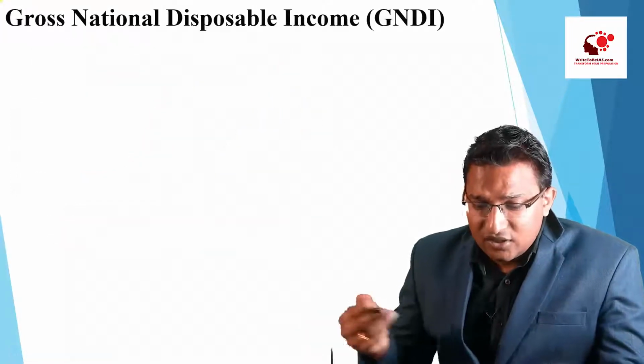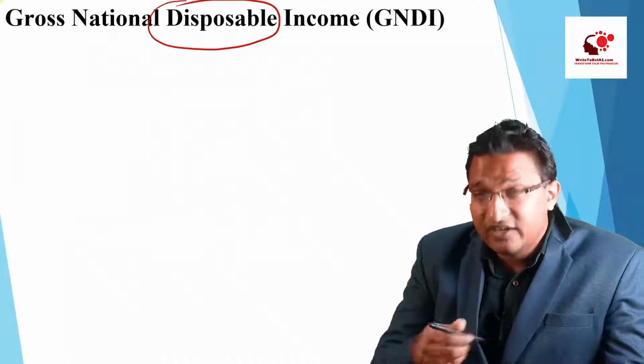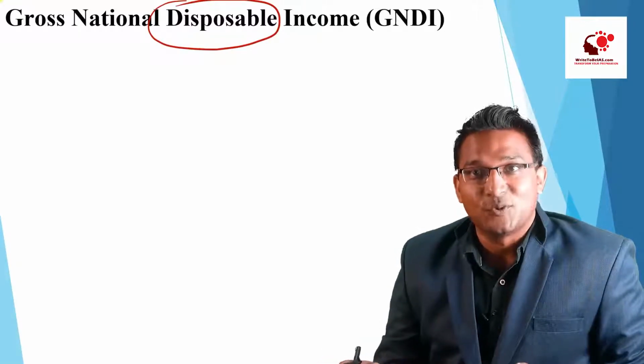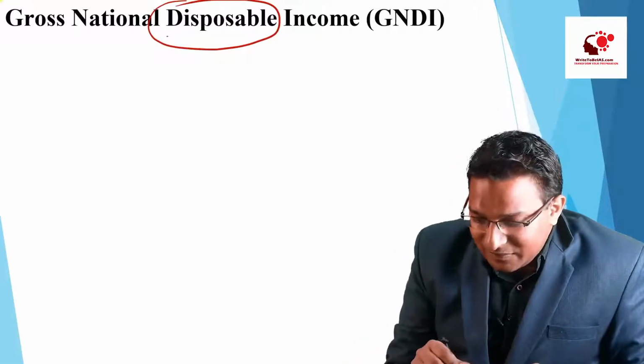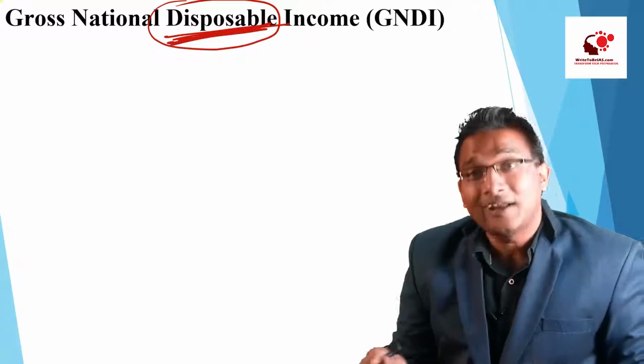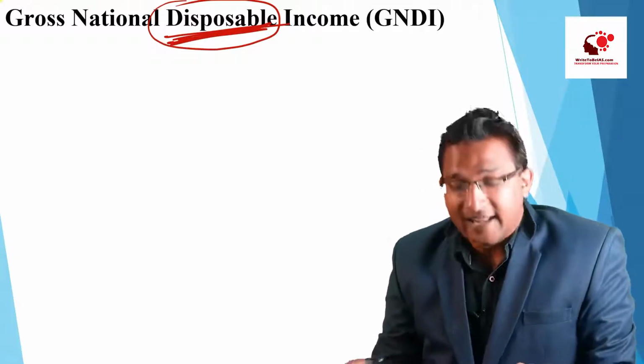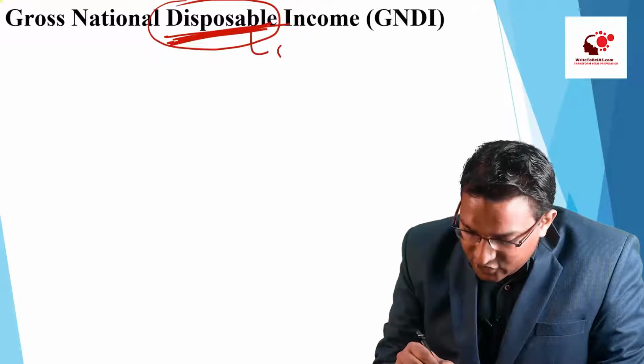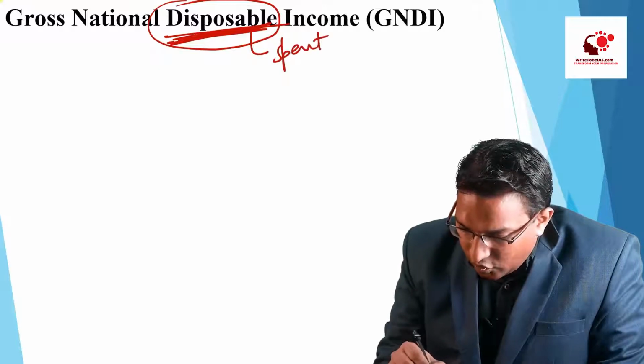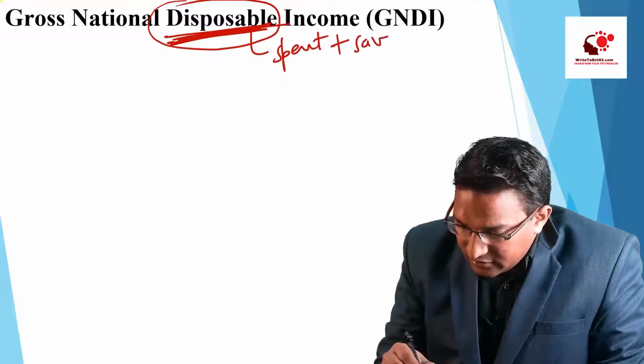What is the meaning of gross national disposable income? Very crucial. What is the meaning of the word disposable? Disposable means the income which can either be spent or saved.